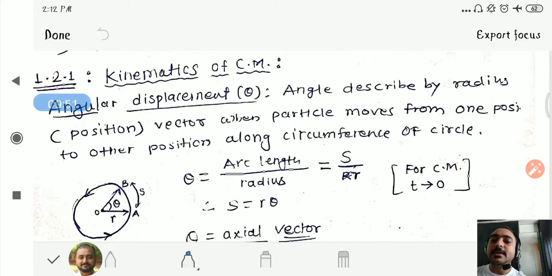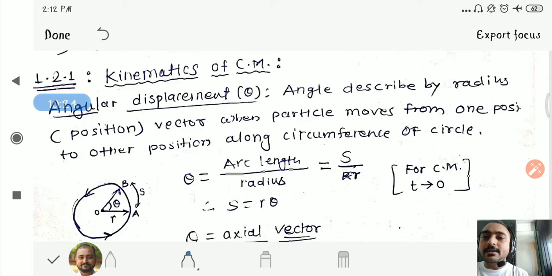It is simple: the angle described by the radius or position vector when a particle moves from one position to another along the circumference of a circle. For example, first I am going to explain what the radius vector and the position vector are.